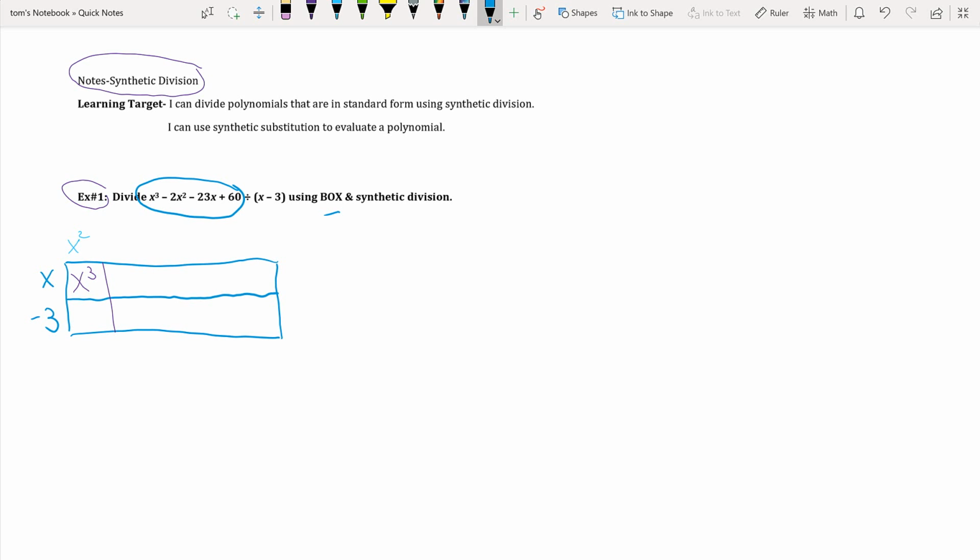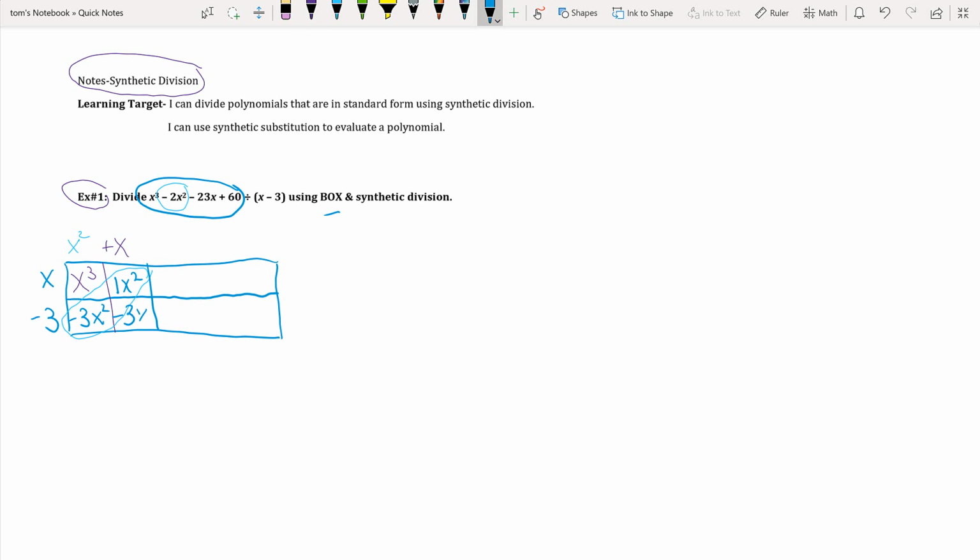I would encourage you to pause the video if you need to practice it on your own. Then you multiply x squared times negative 3. The diagonal terms have to add together to give you negative 2x squared. So what plus negative 3 gives you negative 2? That is positive 1x squared. And then we just repeat: what times x gives you x squared? That's a positive x. And then we multiply.